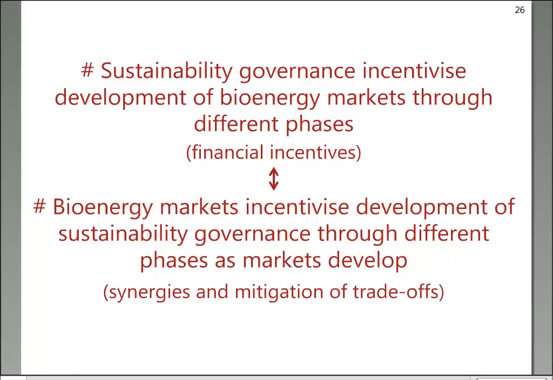That leads to the next point here, that these systems develop over time. It's not something you put in place and then it doesn't change.